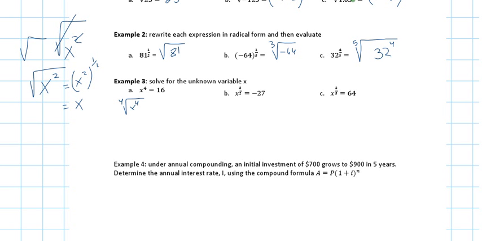And I have to do the same thing for the other side. So that's going to be the fourth root of 16. Fourth root of 16 is 2. So that's going to be x equals 2.